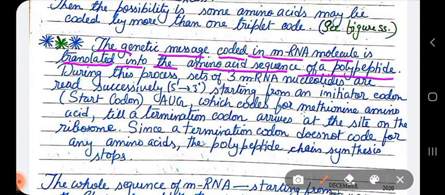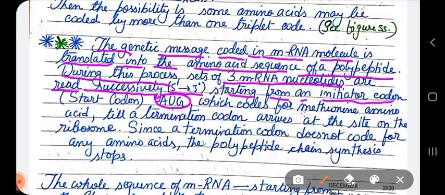During this process, there will be sets of 3 mRNA nucleotides, which are called codons. The sets of 3 mRNA nucleotides are read successively from 5 prime to 3 prime direction, starting from a start codon or initiator codon, which is AUG.